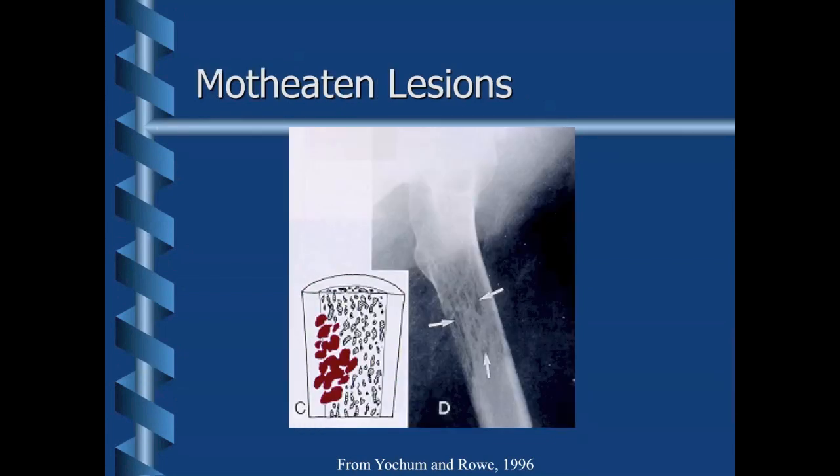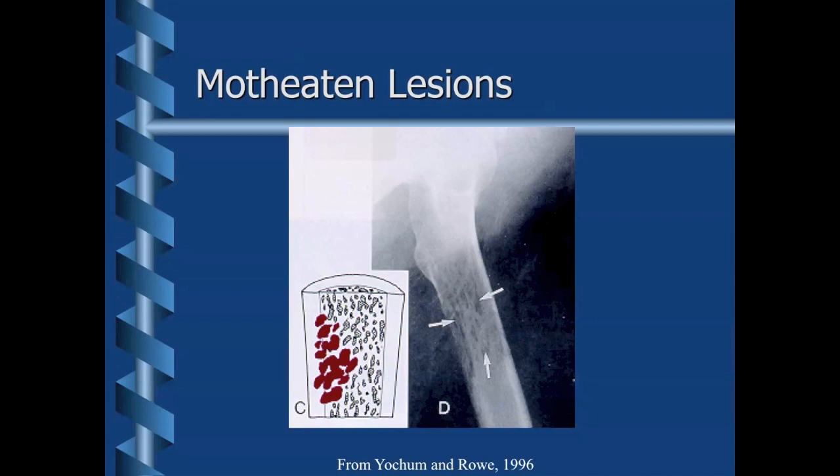A moth-eaten lesion is exactly what the term describes. It looks as though some moths have got into the bone and basically gnawed away some of the bone. So you have these areas of decreased density where the lesion has actually started to destroy the bone, indicated there on the diagram.